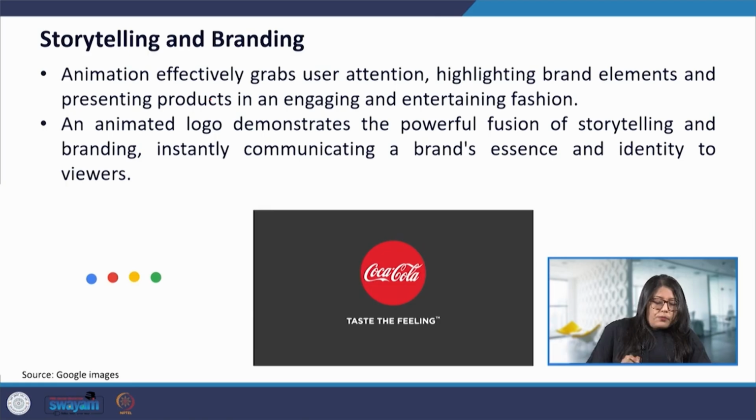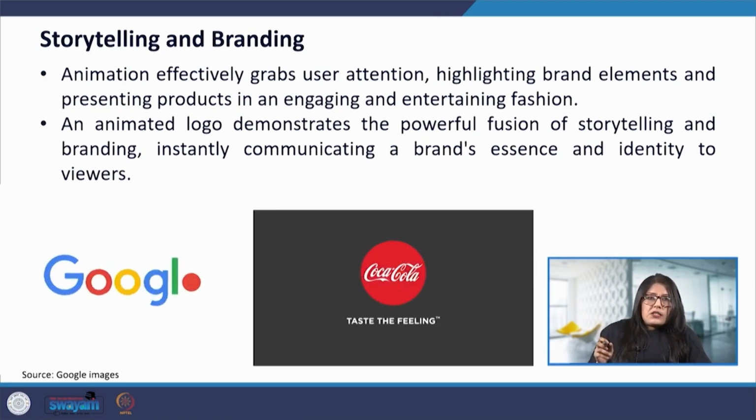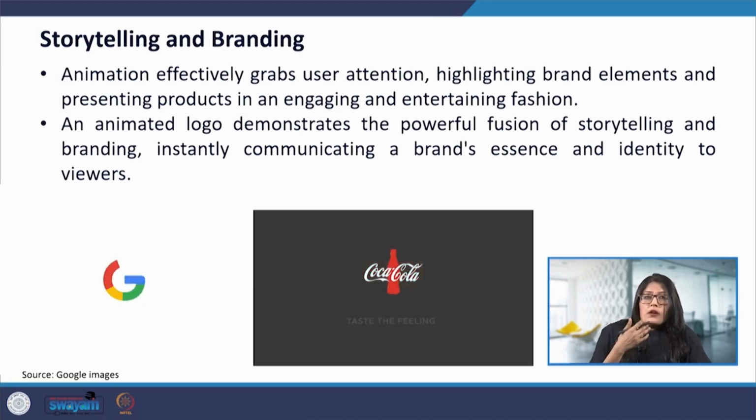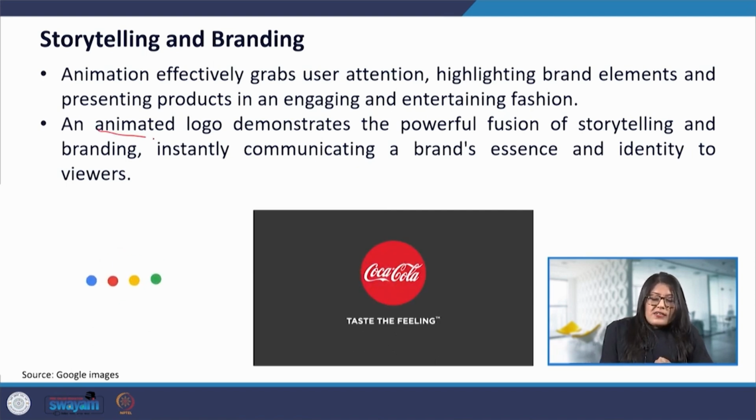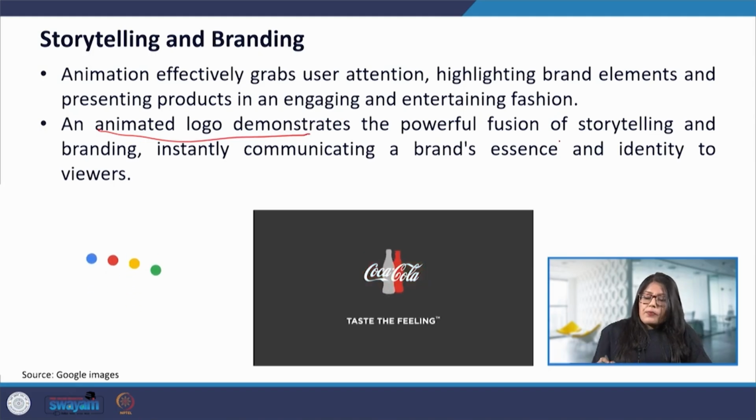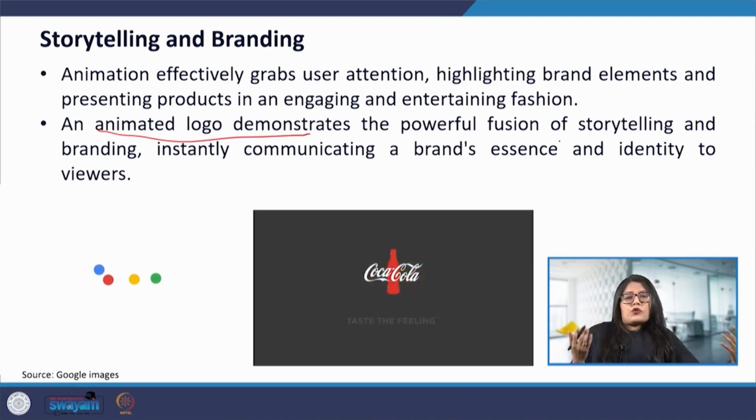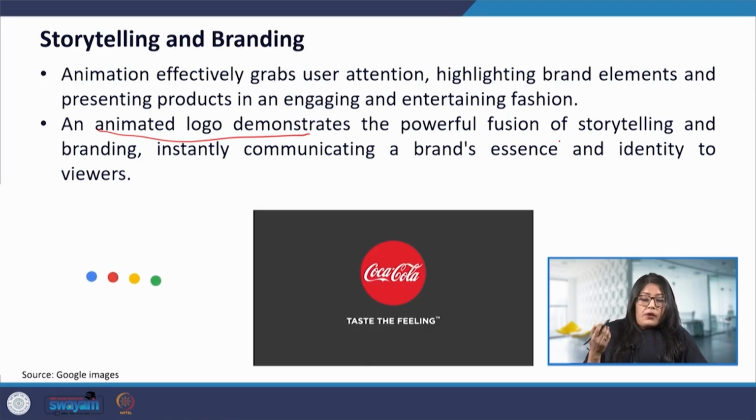So, we can see some of these examples here, how Google with the colors, this little animation is interesting, because we are waiting for what will happen next, what will it turn into. So, that anticipation is there. And also when the logo is animated, there is a combination of storytelling and branding.